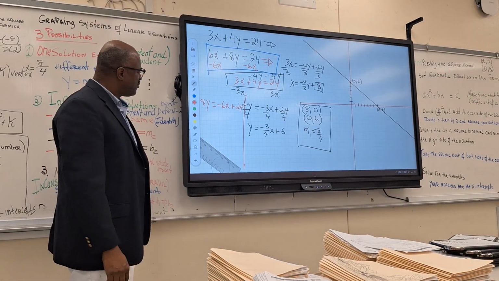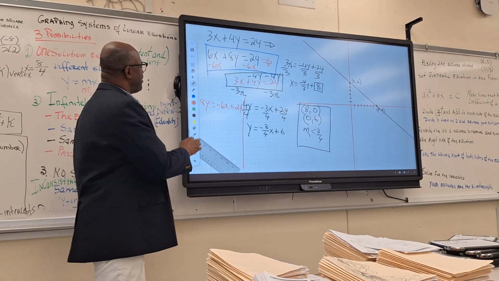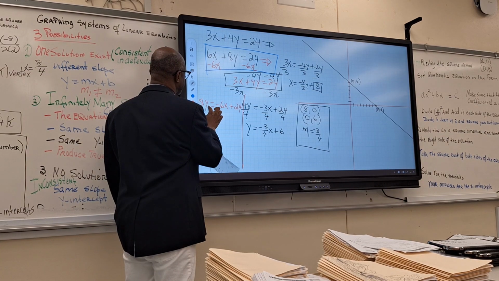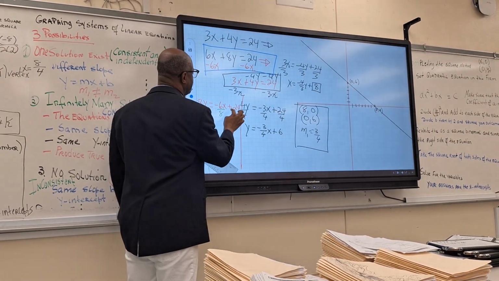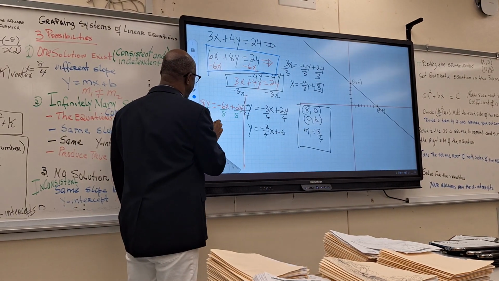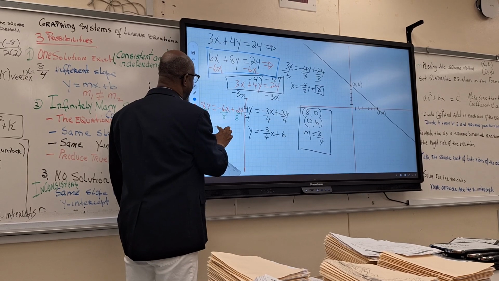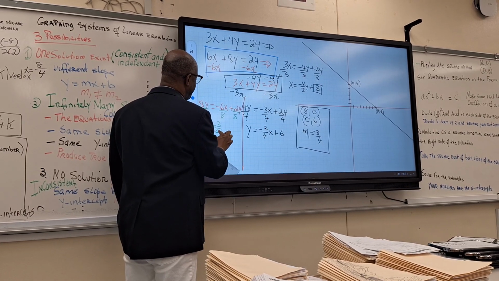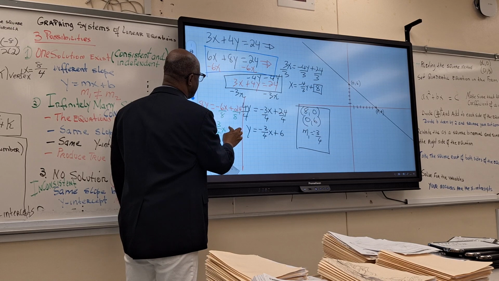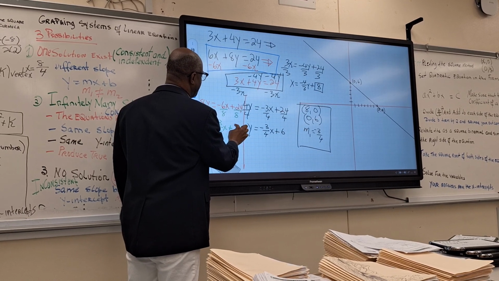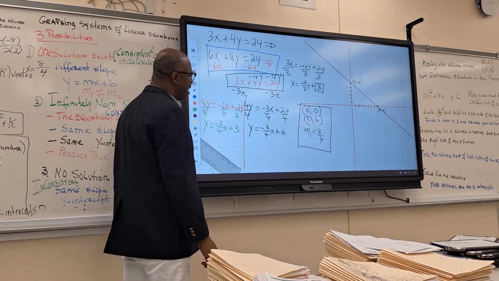How do I get y by itself? I will divide by 8. And I will have y equal negative 3/4 x plus what? 3.